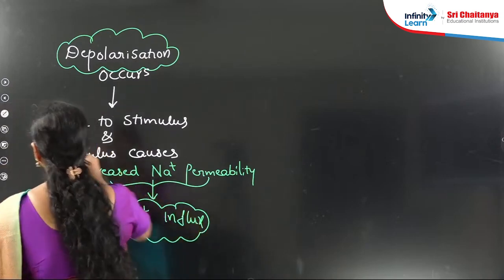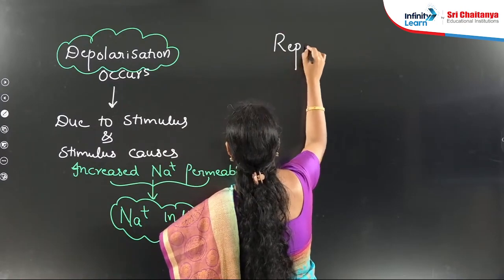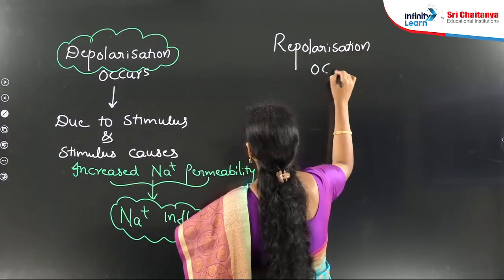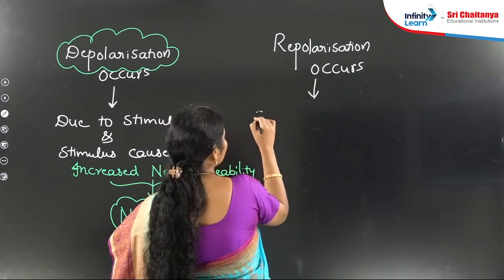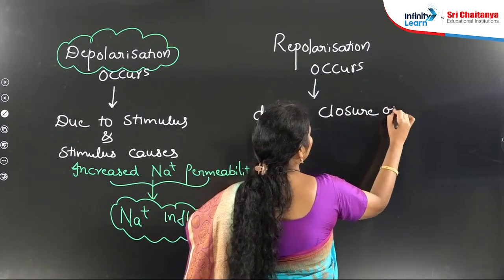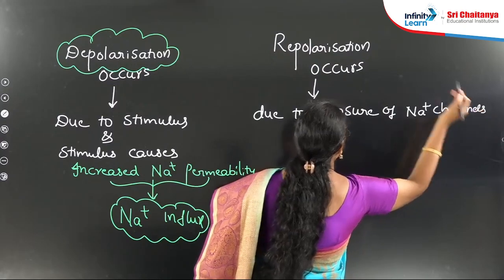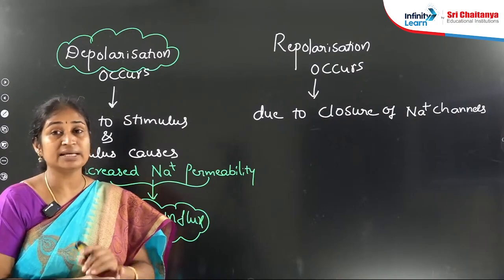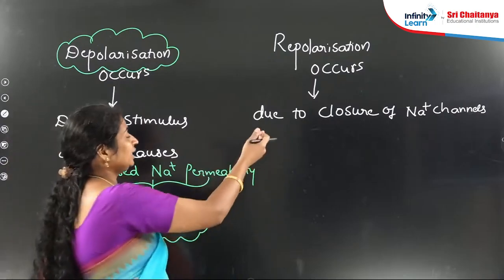Same like that, why does repolarization occur? Repolarization occurs due to closure of sodium channels. In the last slide I said, the rise in stimulus induced sodium permeability is extremely short-lived. It means these ion channels open only for a short duration, so immediately they get closed.